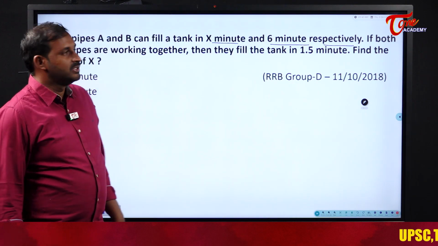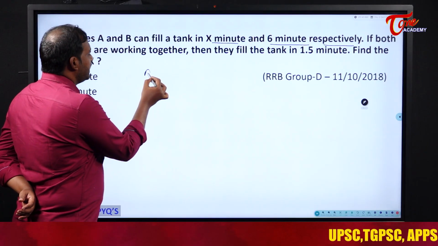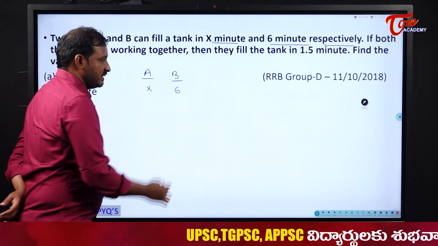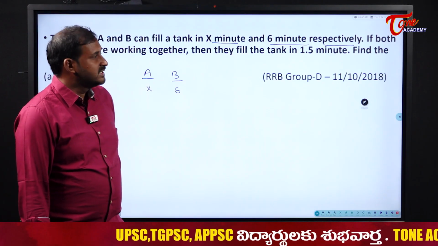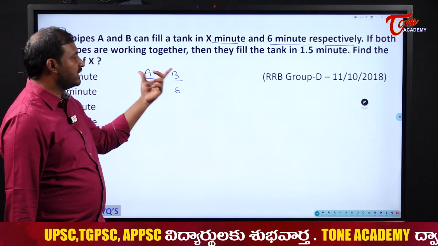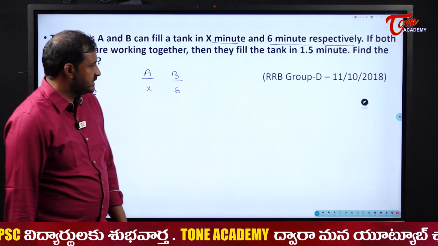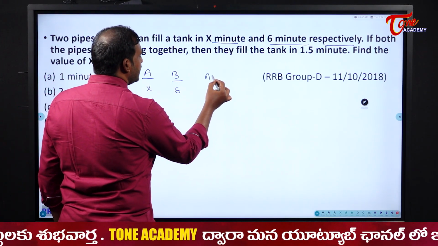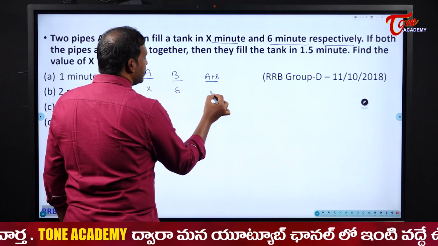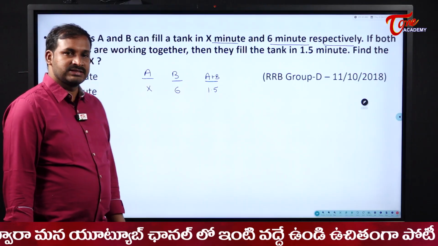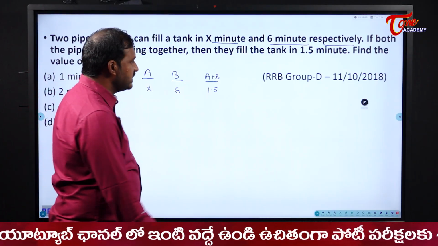So A can fill the tank in X minutes, B can fill the tank in 6 minutes. If both the pipes are working together, then they will fill the tank in 1.5 minutes. Find the value of X. No worries.